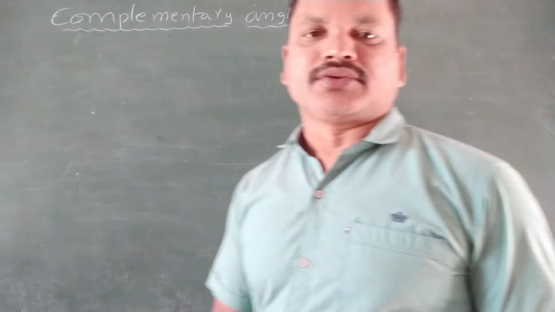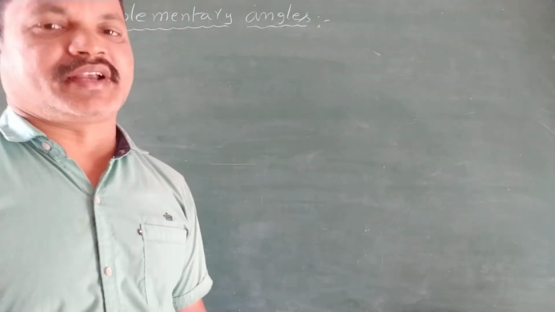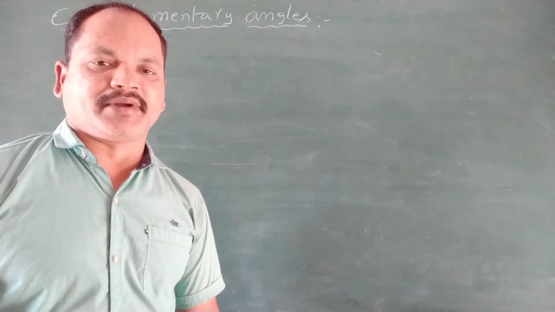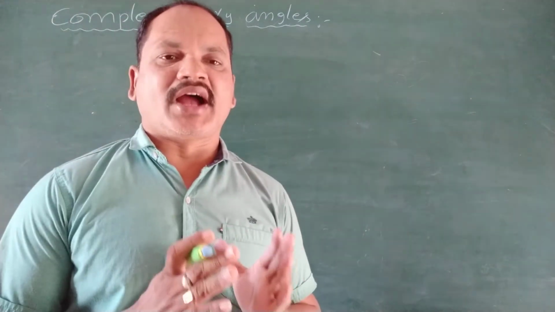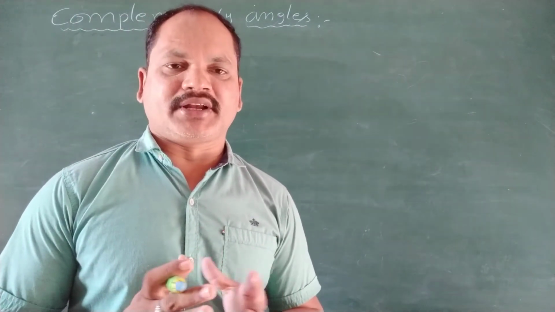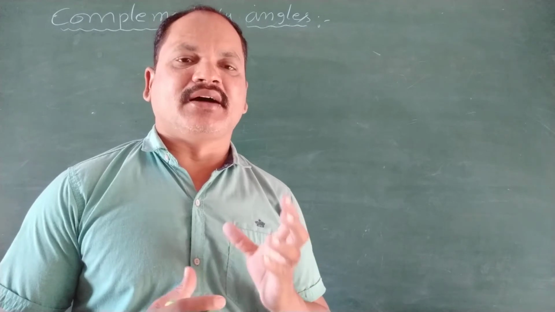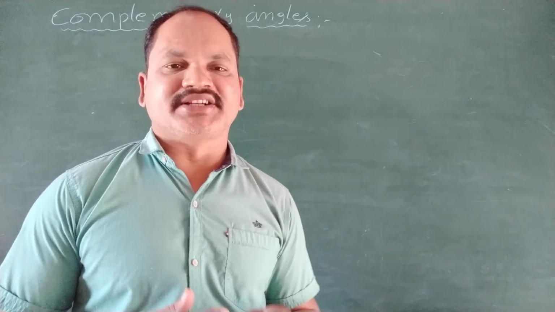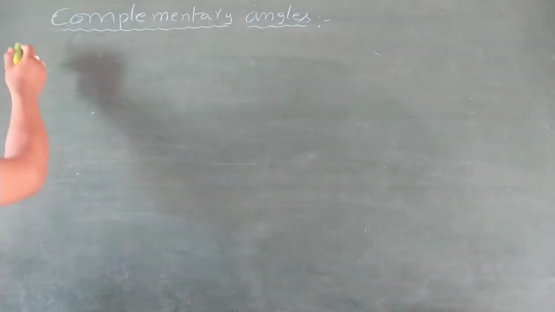Now we are going to find the complementary angles. The definition of complementary angles: if two angles are said to be complementary angles, then the sum of the angles is 90 degrees. Write that definition.